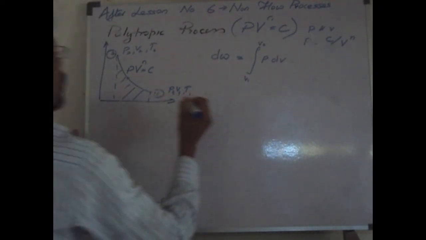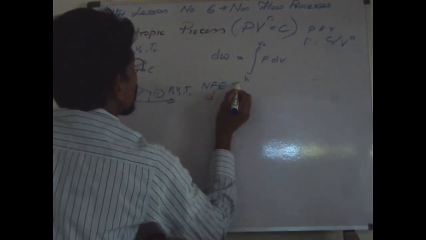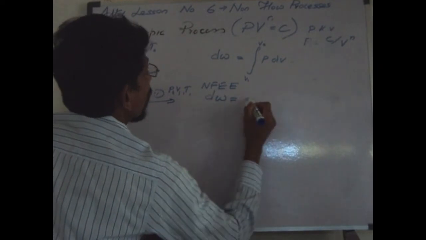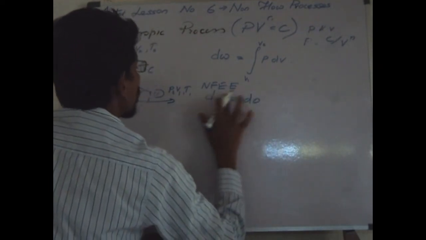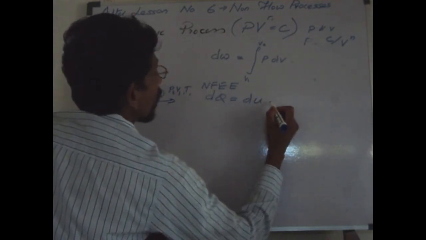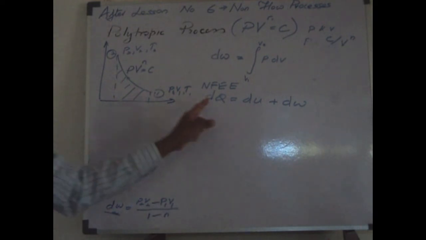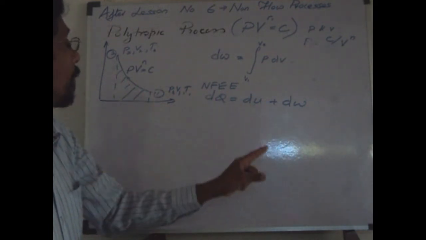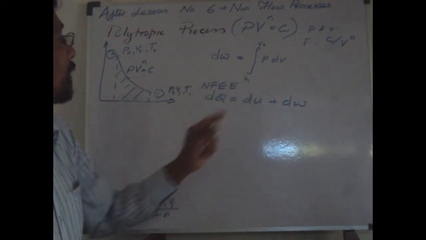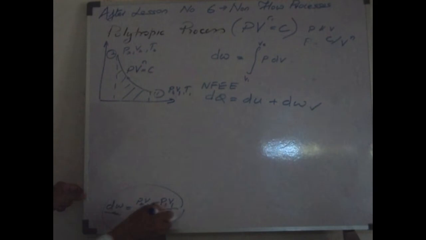Then dW is found. Then applying the non-flow energy equation, dQ is equal to dU plus dW, so dW is equal to dQ minus dU.